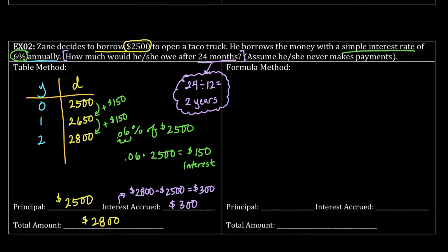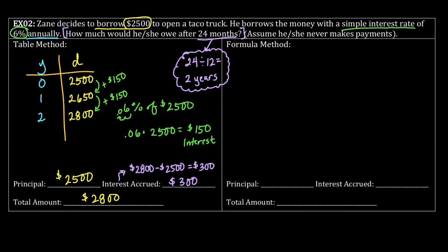So let's do one more. Let's see. So let's write I equals PRT. Remember that P, I guess I can do this one more color coded, is our principal amount.